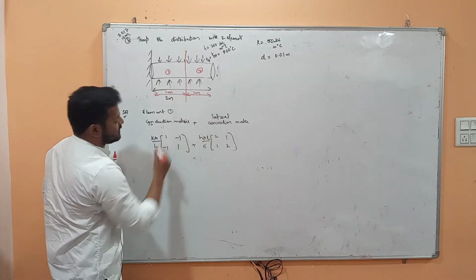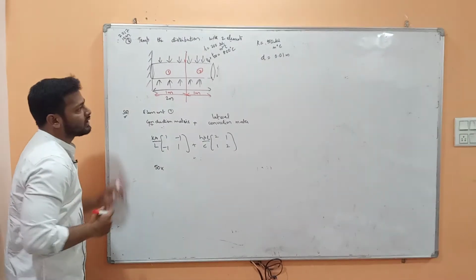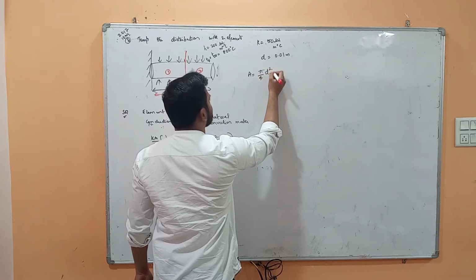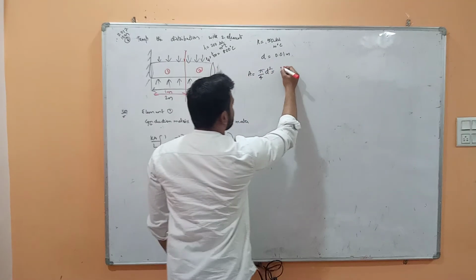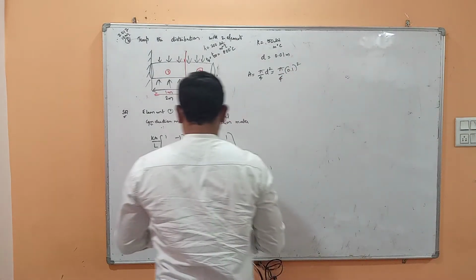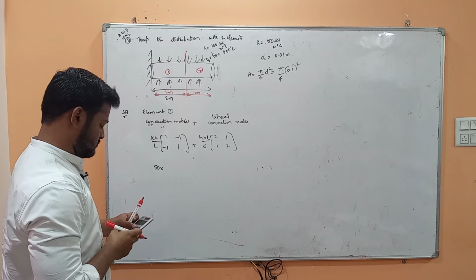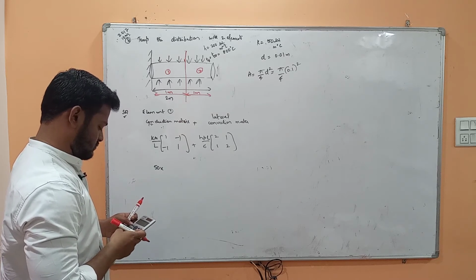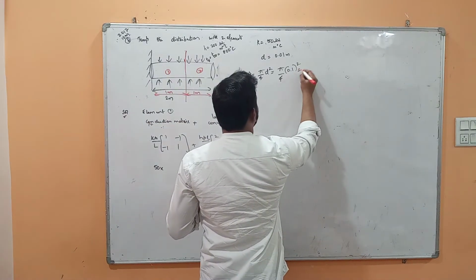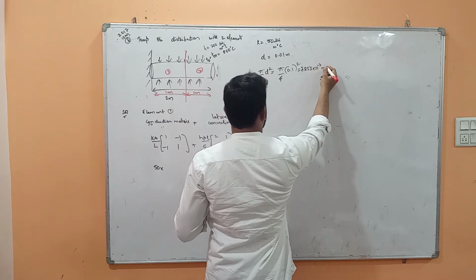So K value is given in the question, 50 into area. Okay, area we can calculate from diameter. So area is equal to pi by 4 d square, because it is circular in cross section. So pi by 4 into 0.1 square, and that's coming out to be 7.853 into 10 power minus 3 meters square.